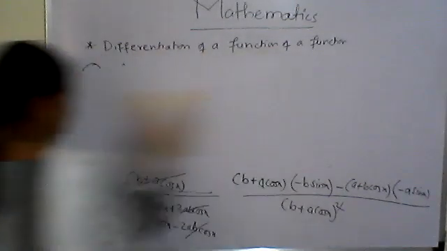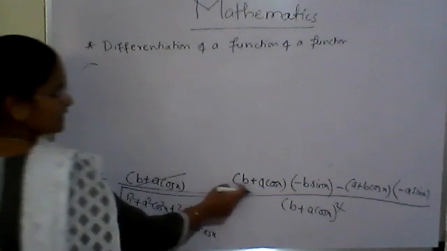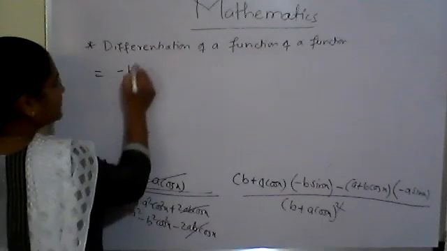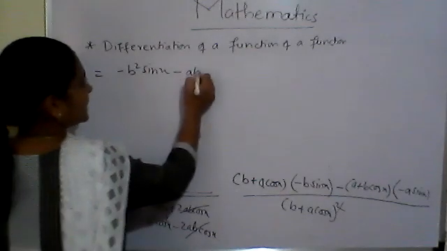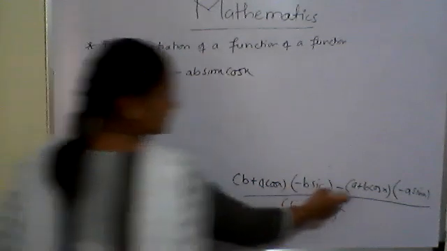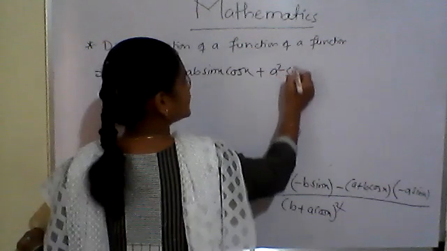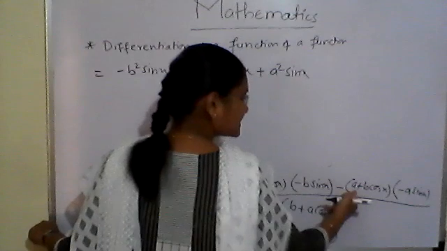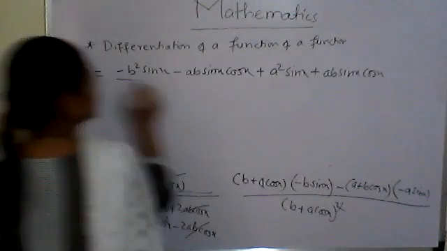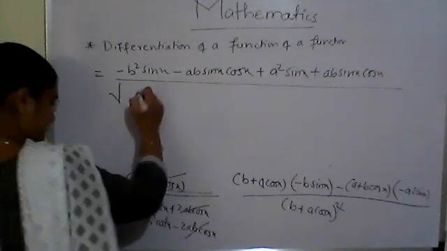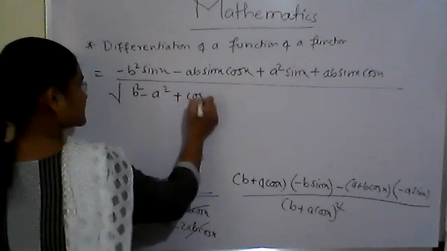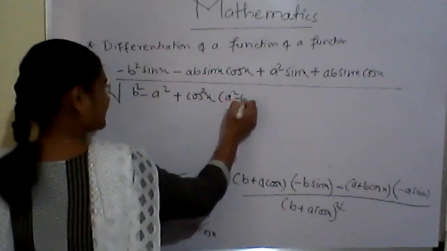So minus b sin x inside, we have minus b square sin x minus ab sin x cos x, minus minus plus a square sin x, plus ab sin x cos x, plus ab sin x cos x, whole thing divided by b square minus a square plus cos square x in bracket a square minus b square.